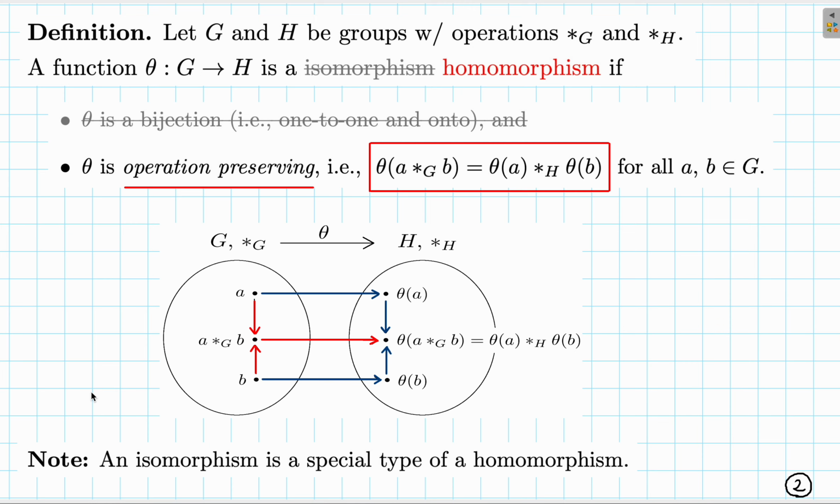But not every homomorphism is an isomorphism, just like not every rectangle is a square. And you'll see examples of such homomorphisms in the classwork. But because an isomorphism is a special type of a homomorphism, that means all of the properties about homomorphisms that we'll study apply to isomorphisms as well. So please keep that in mind.